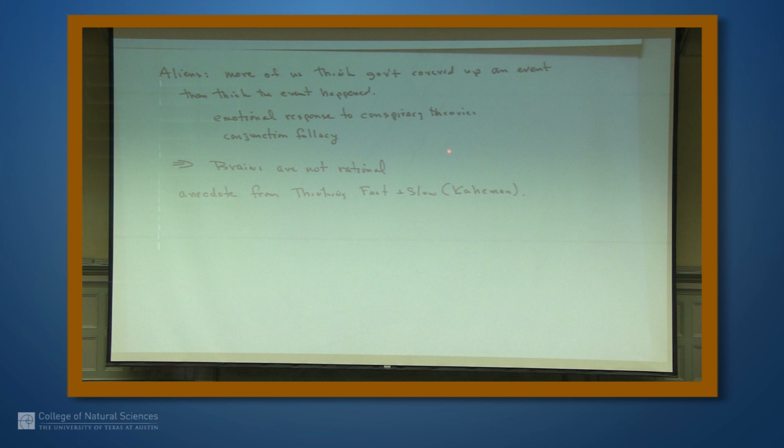And I'll give you one anecdote that I find interesting. There are many examples of this, right? In our books you can go read about how our brains are just not always going after the right answer, but this is from a book called Thinking, Fast and Slow, author Kahneman.